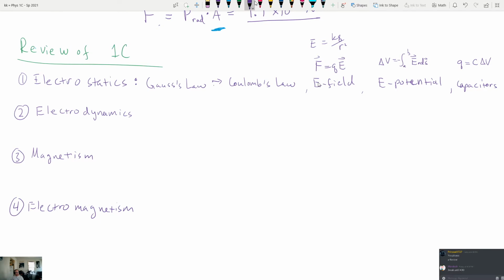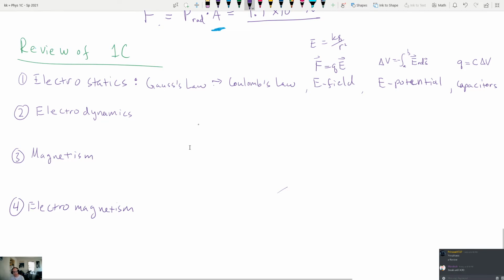There are a lot of different things you have to do in here that are quite complicated, such as finding the electric field for different shapes of objects. That tends to be the thing about 1C that really throws people off. But hopefully by now you've at least gotten pretty good at describing the electric field produced by an infinite line of charge, a sphere of charge, a cylinder of charge, all these different arrangements.